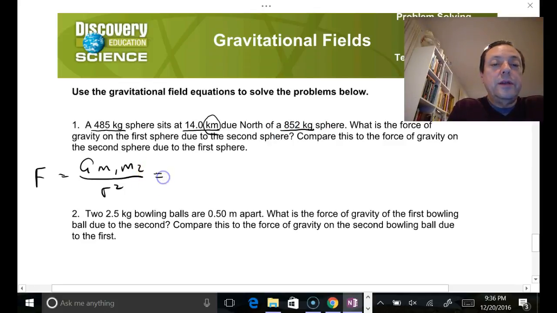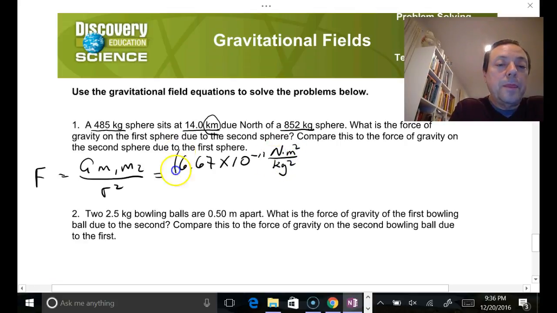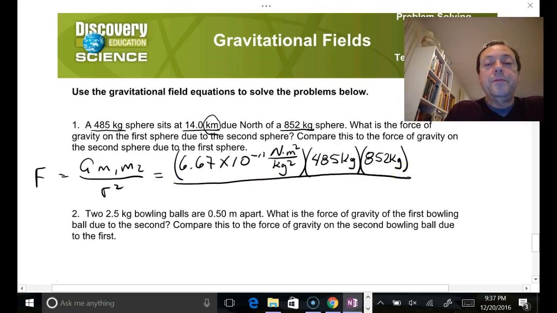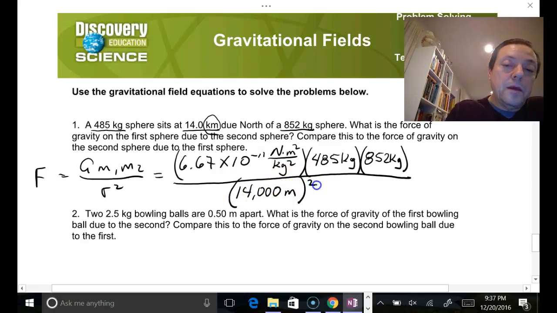So let's plug all that in. 6.67 times 10 to the negative 11th Newton meters squared per kilogram squared, times 485 kilograms, times 852 kilograms, and we're going to divide all that by, now there's 1,000 meters in a kilometer, so this is actually going to be 14,000 meters, and that'll be squared.